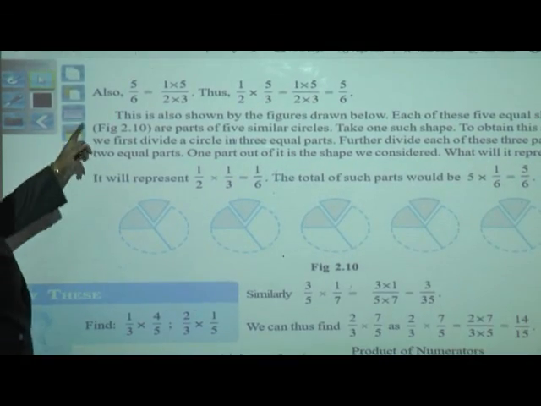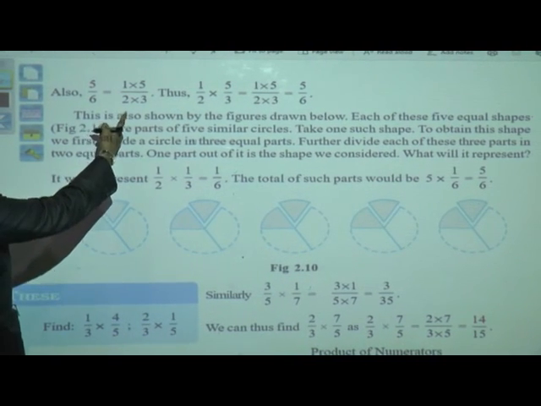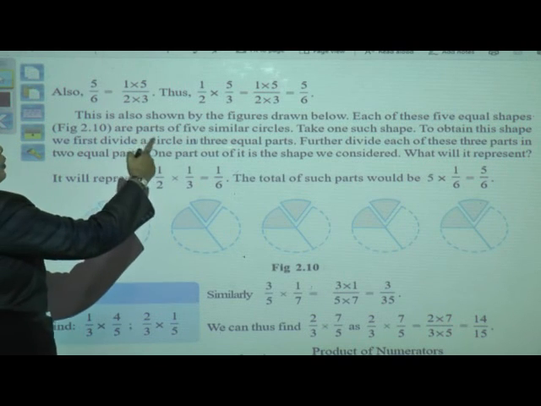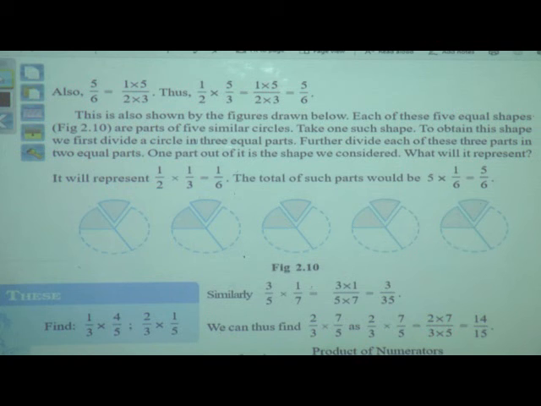Here 5 upon 6 is equal to, how will we write it? 1 into 5 into 2 into 3. Thus half multiplied by 5 upon 3 is equal to 1 multiplied by 5 upon 2 multiplied by 3, which is 5 upon 6. This is also shown by a figure drawn here, in each of these 5 equal shapes.